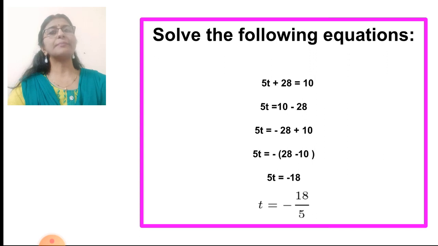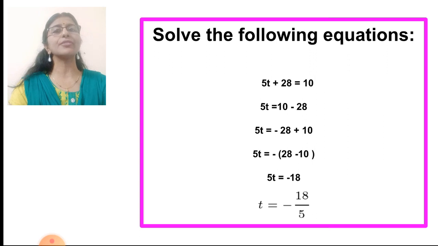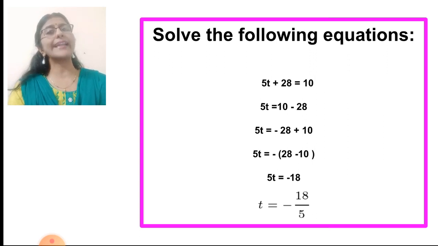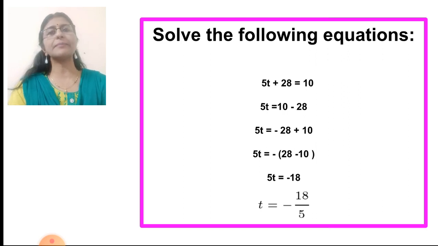Now to get the variable t, we have to divide, as 5 is multiplied by t. So to get only t, we have to remove 5. And to remove 5, we have to divide both sides of the equation by 5. So 5t will be divided by 5, so 5 will be cut.